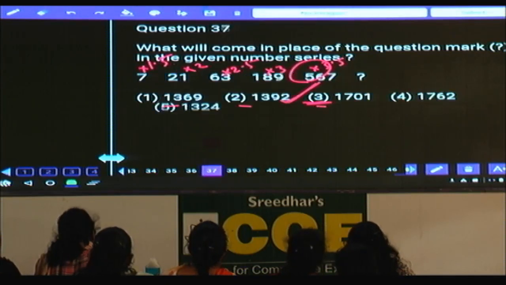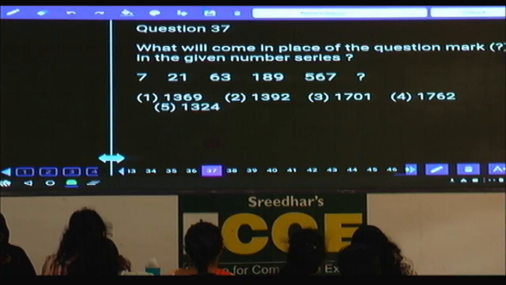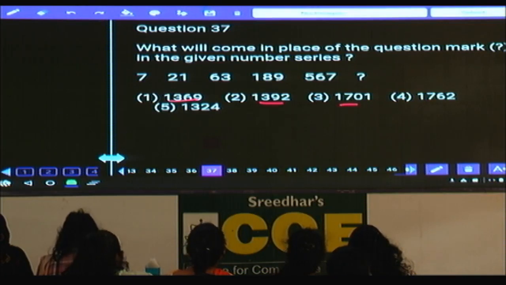Choice 3 is the answer. Done with this? Then 37. Now in this 37, again starting with 7, and the choices are 1300, 1300, 1700, and so on. Then 7 and 21. What is the relation between these two?